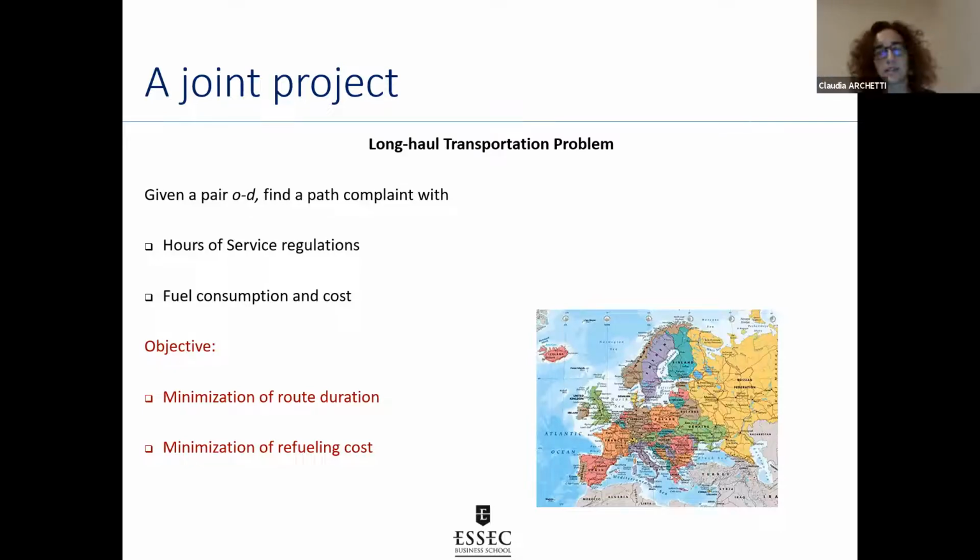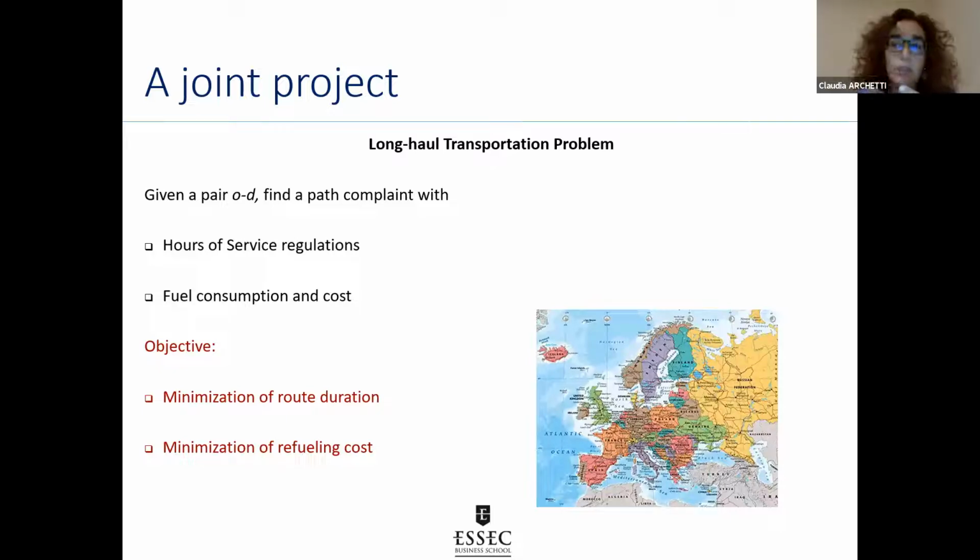Indeed, as in the title of my talk, we have a bi-objective problem, because we want to minimize the duration of the path, since the duration is associated with a cost component linked to the driver's wage. So the longer the duration, the more you have to pay the driver that is driving the path.